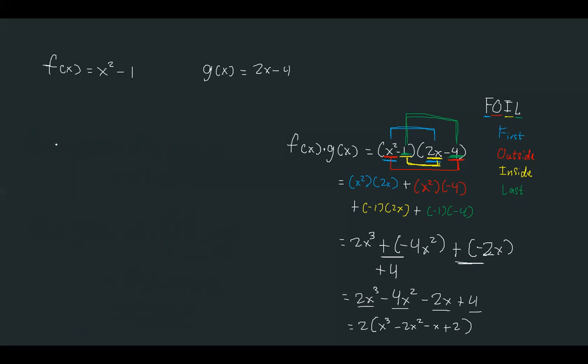So we have 2x cubed minus 4x squared minus 2x plus 4, right? As you can see, 2, -4, -2, and 4 are all divisible by 2.